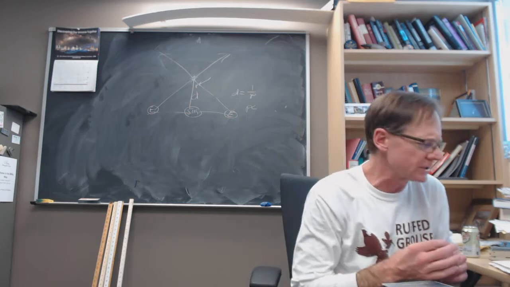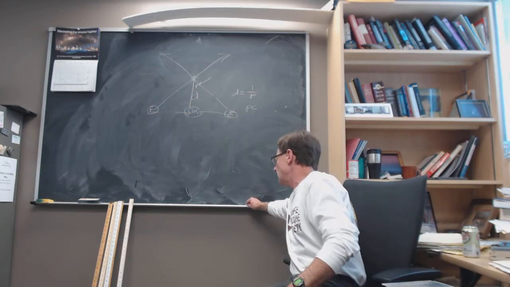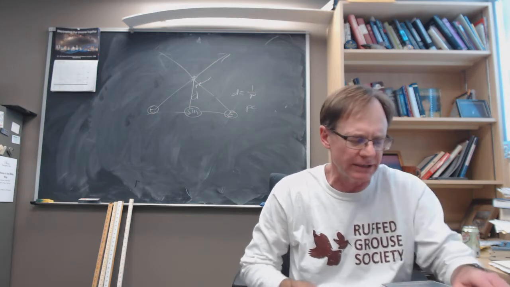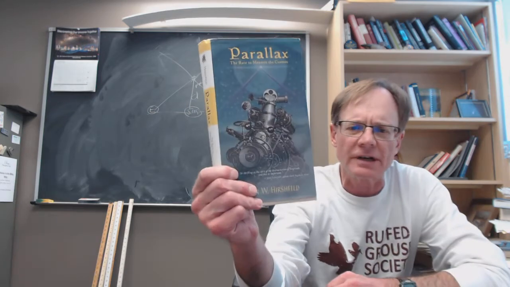It took a very long time to measure the distance to the first star. Generation after generation of astronomer came and went, lived and died trying to make those measurements. And this is the book that I started to show you a second ago.